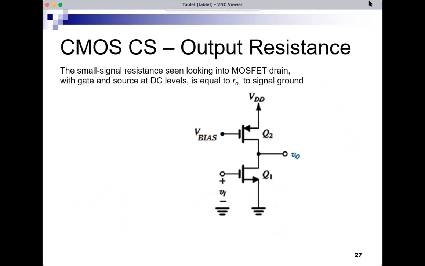If I connect a test source here, so here's my I at the output, and I'm looking back into the amplifier. The small signal resistance seen looking into the MOSFET drain. Now this is the rule. I know about it. How can I use it here to find the output resistance? So the output resistance is what this I is seeing.